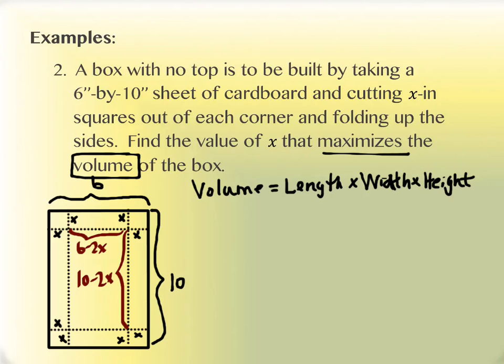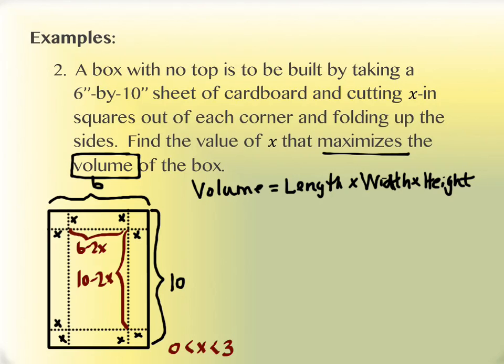Let's pause for a moment and make note of the fact that x can't be just anything. What is the biggest value that x could be? Or what can x be no bigger than? Obviously x is positive. It can't be bigger than 10 or 6, you're right, which means 6, but it can't even be 6 big. 3. Where did 3 come from? Yeah, it's half the length of the 6, right?